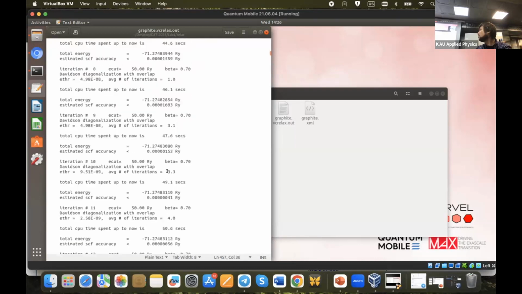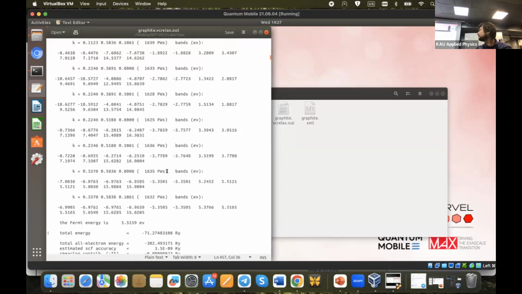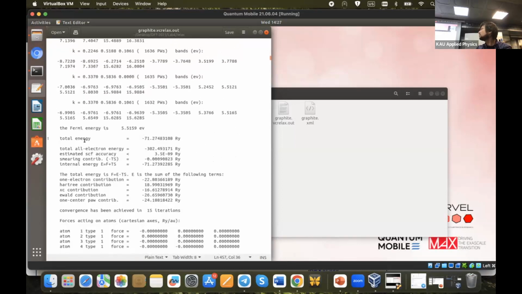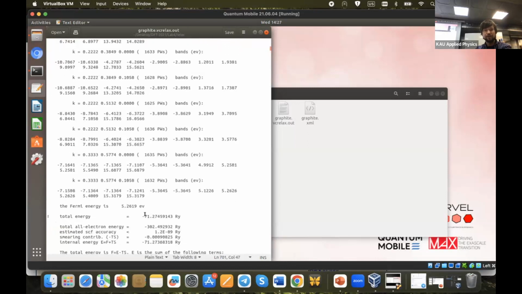We go, and we have some results. You see, total energy minus 71.2748. Let's check. In the previous step, minus 71.2745. So total energy slightly decreased from this step.